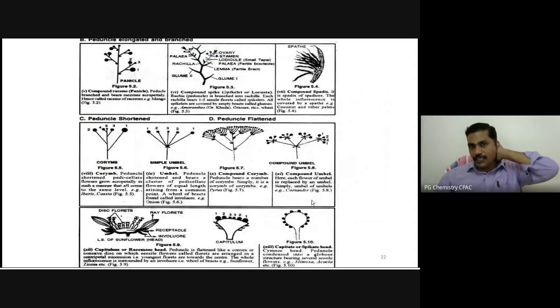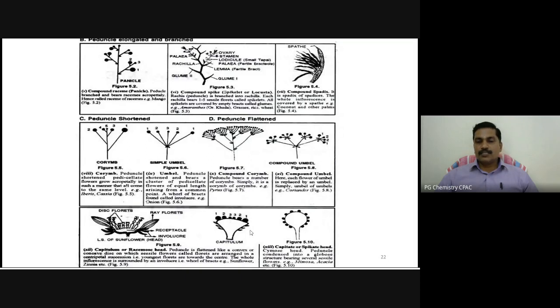So this is again a different type of inflorescence. Panicle. Under the panicle, there is the shortened panicle, corymb, umbel, compound corymb, compound umbel, and capitulum, head, capitate.